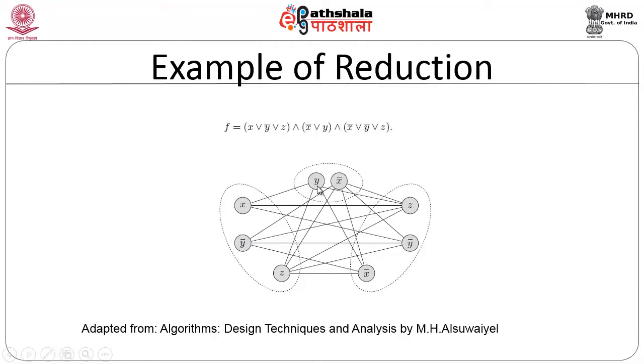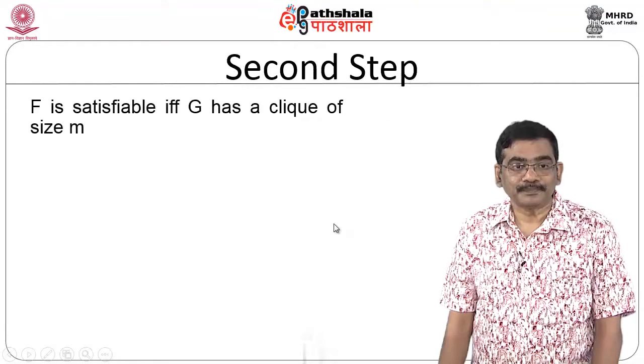In other words, we are ensuring that if an edge connects two literals, they are not a negation of each other. By ensuring that, we get a graph like this. This is a reference source where you can find this particular problem.